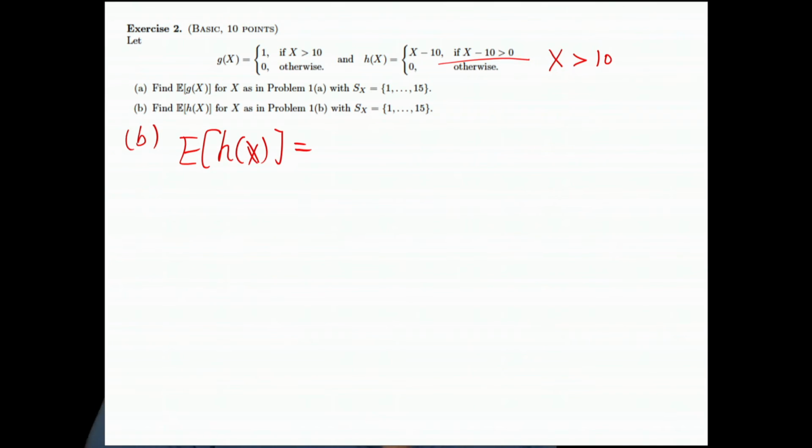The basic definition is the summation, because it's a discrete random variable. We consider all the possible outcomes. Here is a function of outcomes times their weighting. The weighting is the PMF. And k is from 1 to 15.